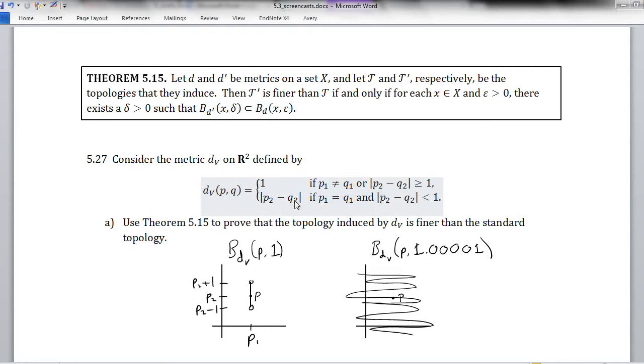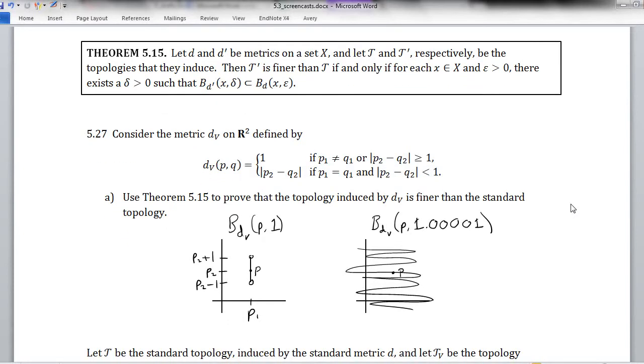In the opposite case, if the first coordinates are the same, so the points are above and below one another, and the second coordinates differ by less than 1, then we let the distance be the normal Euclidean distance, in this case just the distance between the second coordinates. All right, so part A, use this theorem to prove that the topology induced by d sub v is finer than the standard topology.